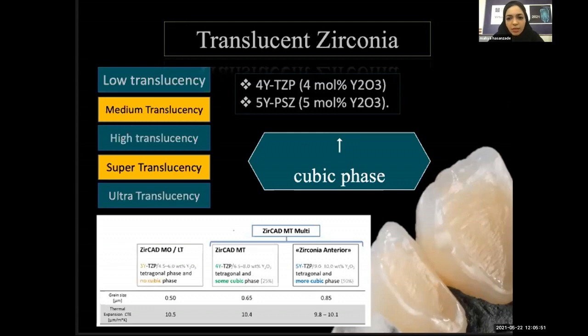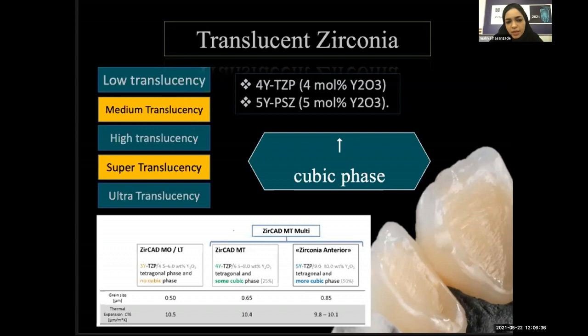But let's talk about what caused this material to be translucent. The new translucent dental zirconia involves increasing the content of yttrium oxide, resulting in 2 crystalline materials, 4-mole and 5-mole yttrium stabilized zirconia. Due to the increasing yttrium oxide content, the cubic phase occurs alongside the metastable tetragonal phase, and the quantity of the cubic phase increases from around 25% in the 4-mole yttrium stabilized materials up to 50% in 5-mole yttrium stabilized materials.